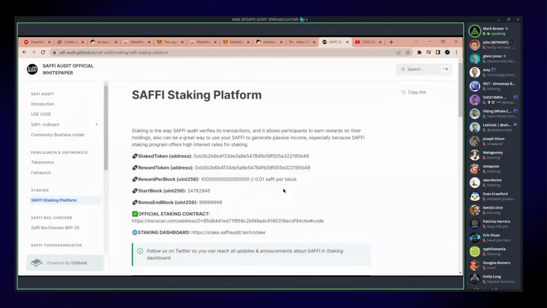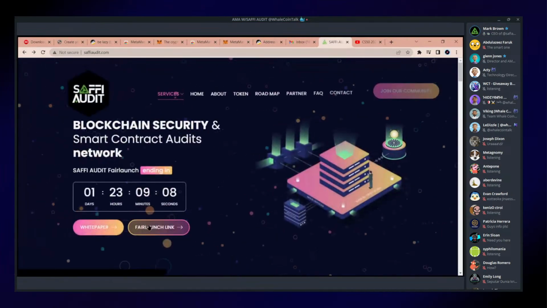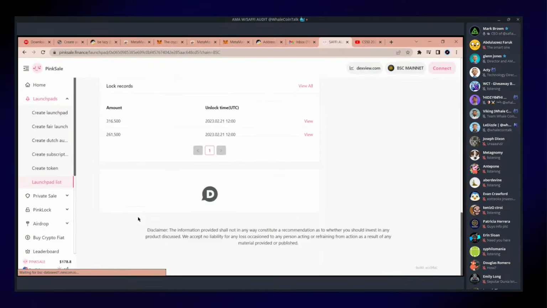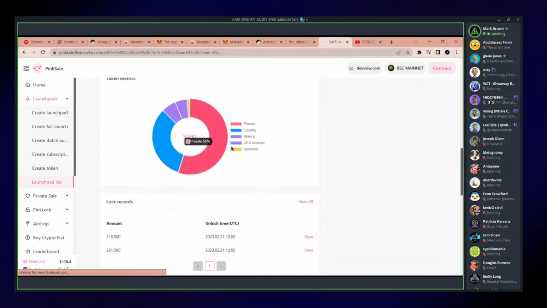We have two other reserves to ensure that the pool is covered. First, we have 2% on the sales staking that goes to the staking pool, and we have 6% on the Pinksale. If you go to the Pinksale link, give me one second, let me pull it up. So when we go here, we see the staking, which is 6.33%.